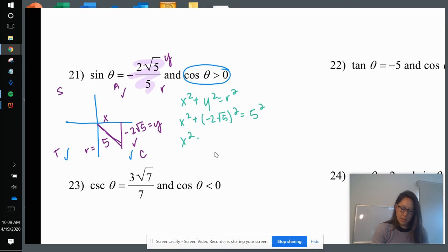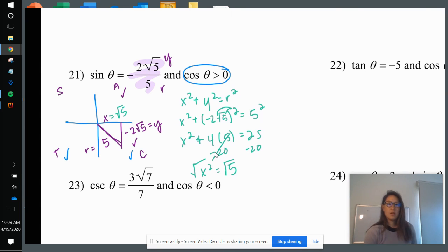So I get x squared plus 4 times 5 is equal to 25. That's 20, so I'm going to subtract 20 here. x squared is equal to 5, so x is equal to root 5.